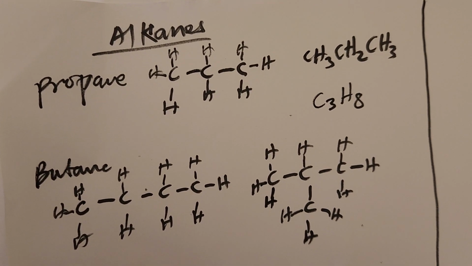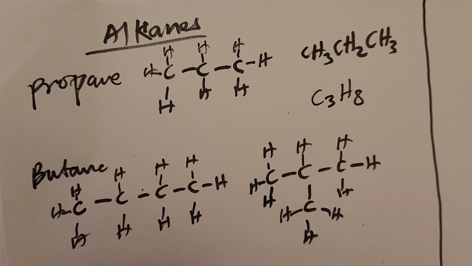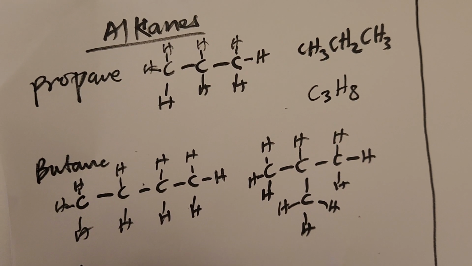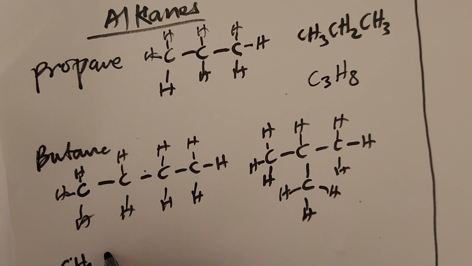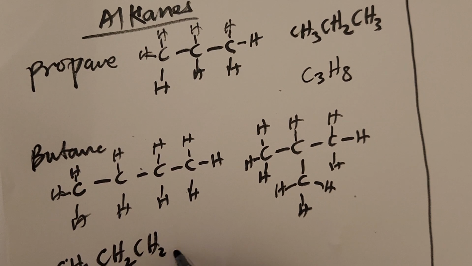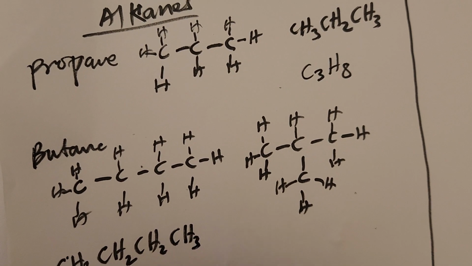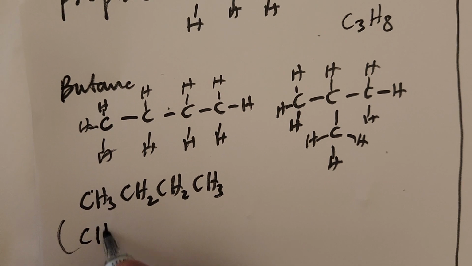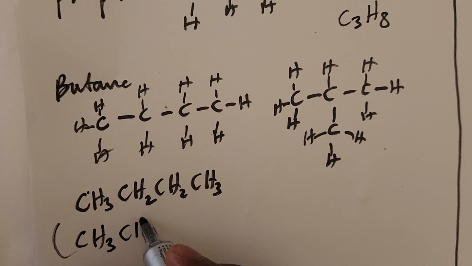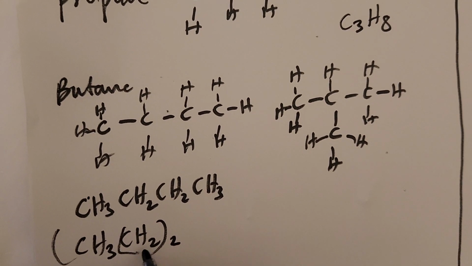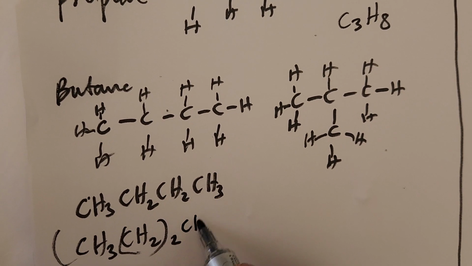But now, here we have got 4 carbon atoms. The condensed structural formula will be CH3 CH2 CH2 CH3. Very interesting. Some learners can say this is also okay: I can write (CH2)2, just the multiple of CH2, and then CH3.